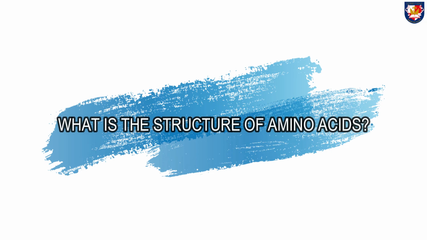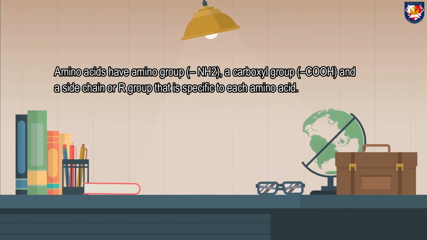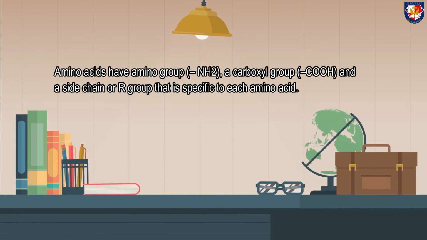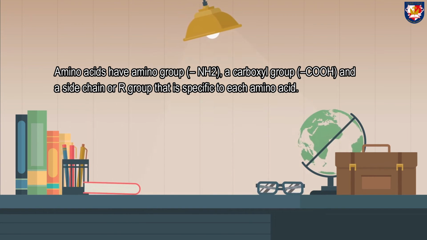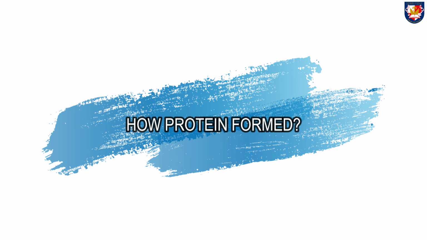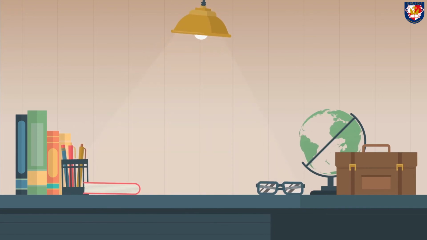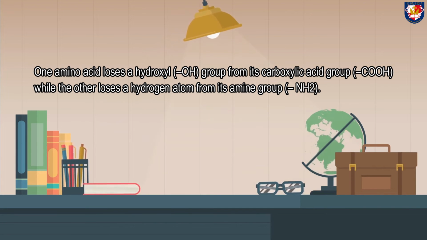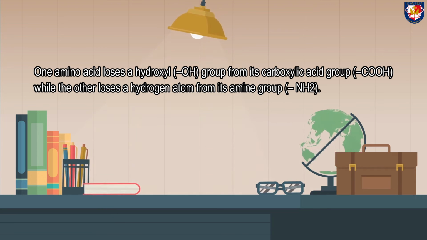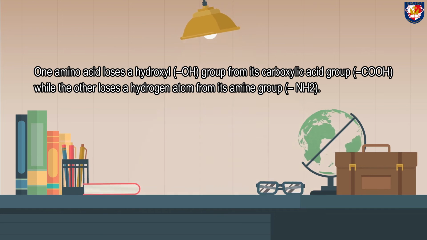What is the structure of amino acids? Amino acids have an amino group, a carboxyl group, and a side chain or R group that is specific to each amino acid. How do proteins form? One amino acid loses a hydroxyl group from its carboxylic acid group, while the other loses a hydrogen atom from its amine group.